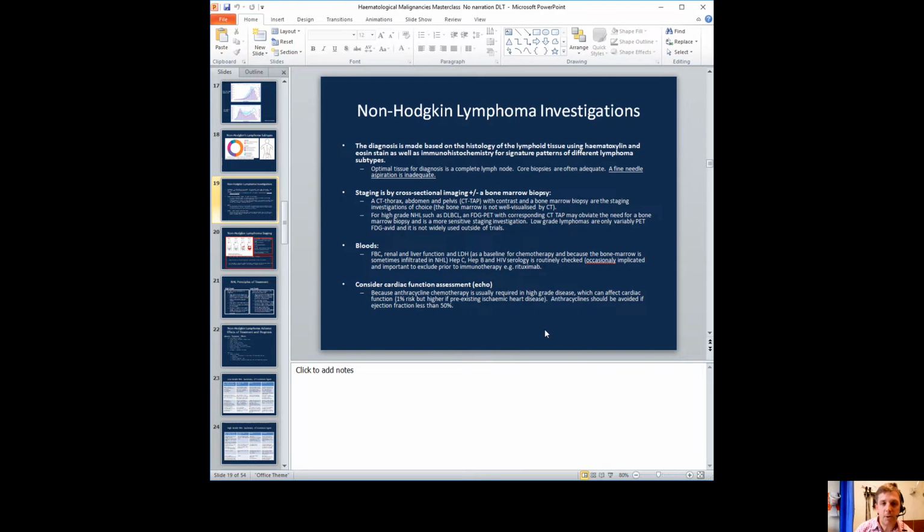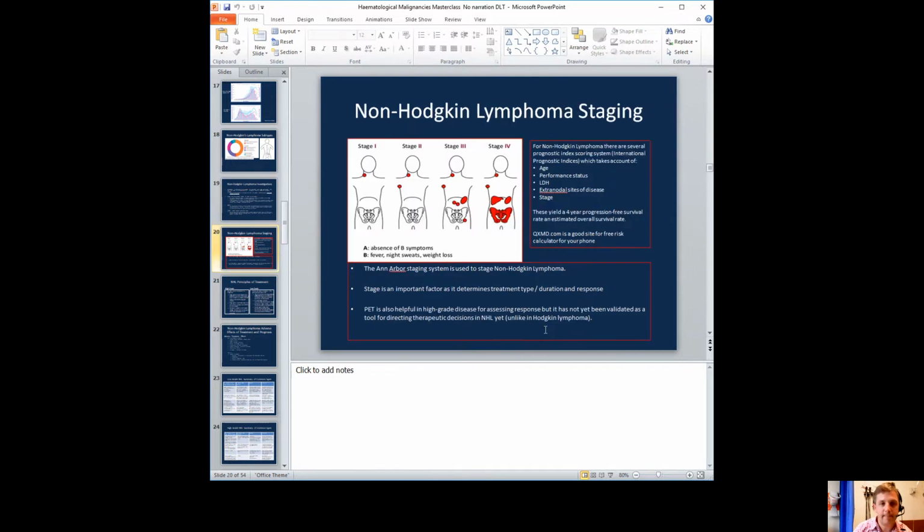And then because we're giving treatment for any of these disorders, either lymphoid or myeloid malignancies, we like to know if the patient's got other problems with their kidney function, liver function, and consider a cardiac echo, particularly if the patient's over 65 and has a history of heart disease.